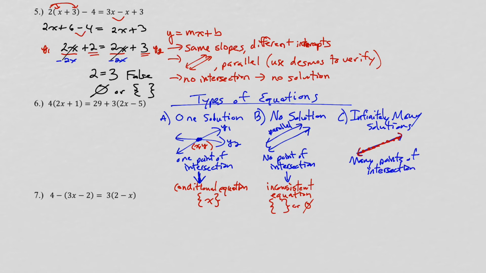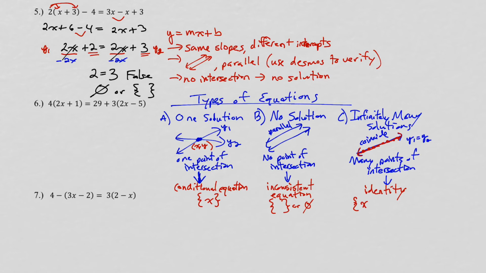Okay? These lines basically coincide. They're the same basic line. They equal each other. It's the same exact thing. This is going to produce the concept of the identity. The way this is expressed is all real numbers.